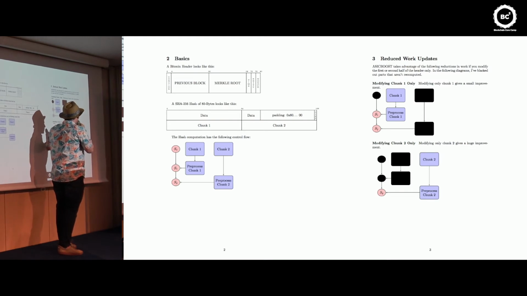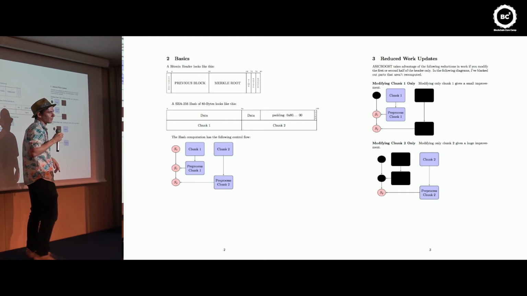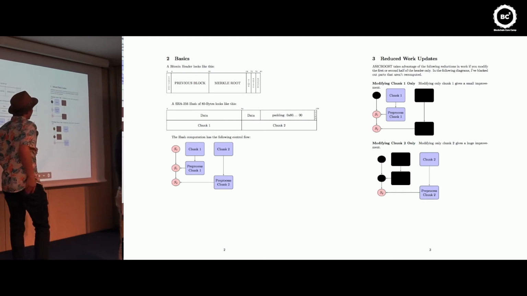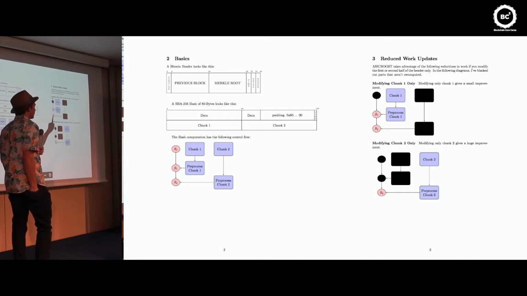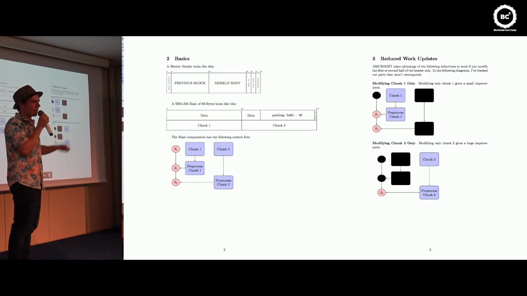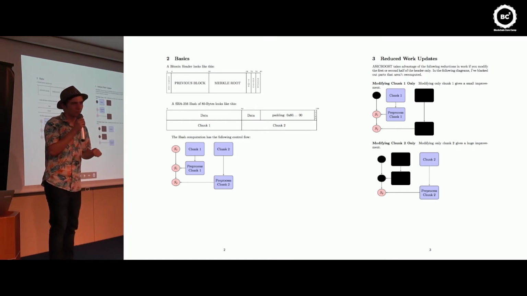And if we modify chunk 2, we just go chunk 2, preprocess, S2. Everyone okay?